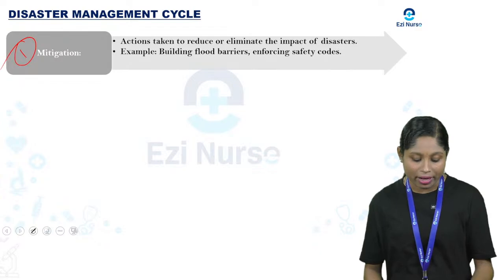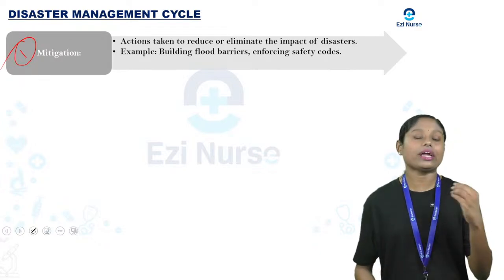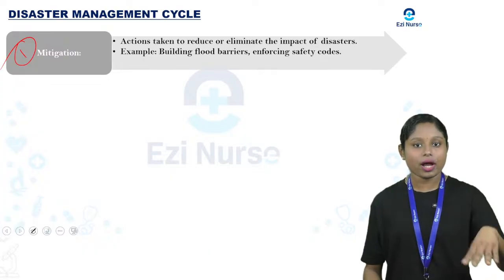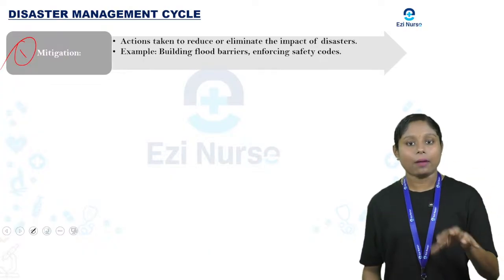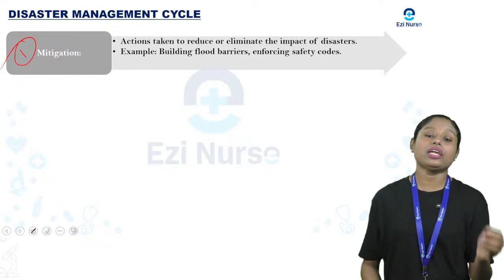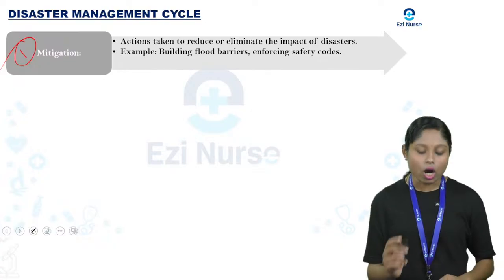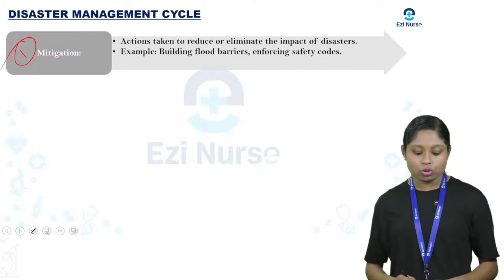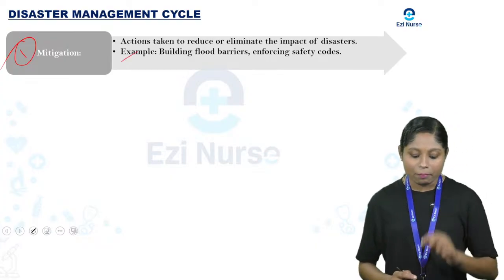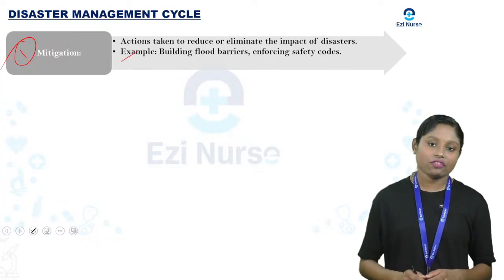If the area is known to be flood-prone, then from the heavy rain time itself we shift the people, and we can reduce the impact. That is what is called mitigation. Examples: building flood barriers, enforcing safety codes.